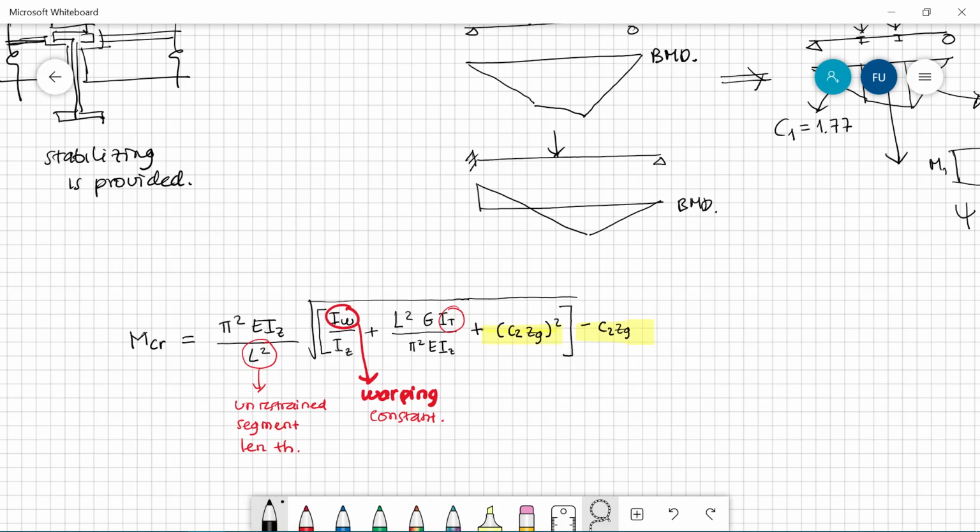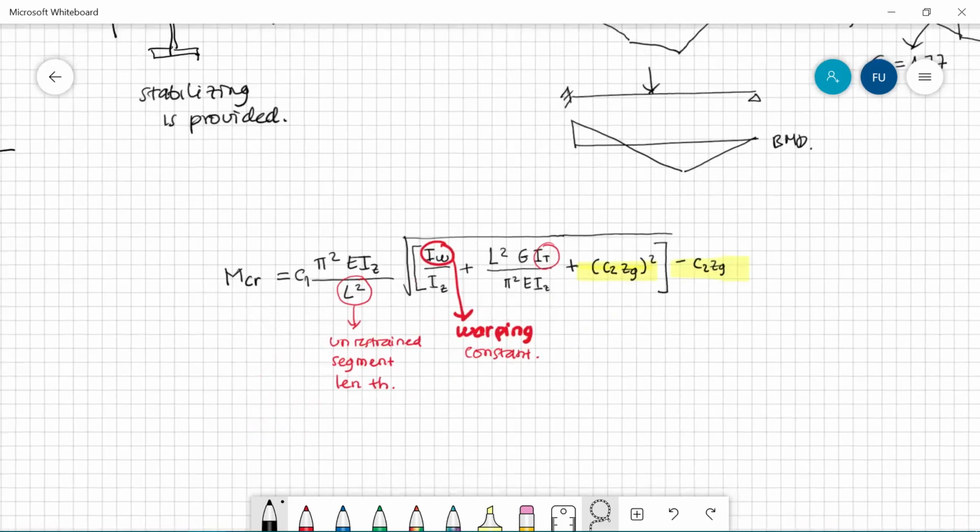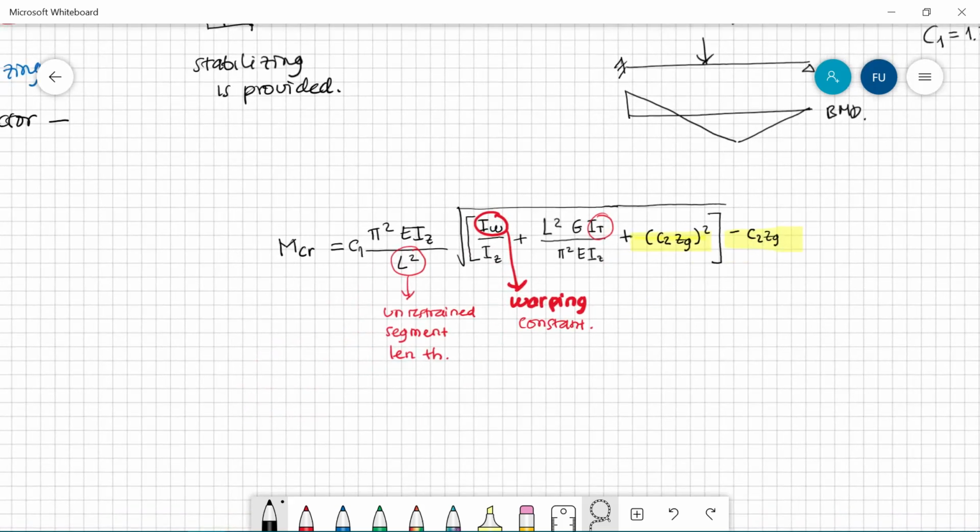Stabilizing, and then C1 here. Okay, so from this expression we can determine that the longer the unrestrained segment, the lower the value of MCR, the elastic critical buckling strength, and also the value of C1 modifies the value of MCR.